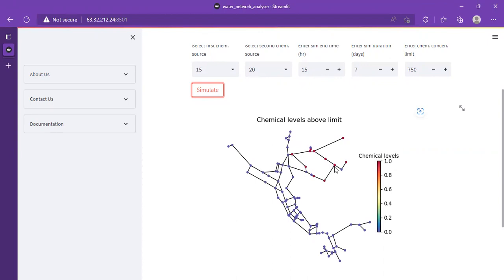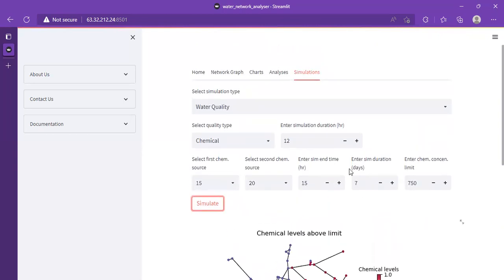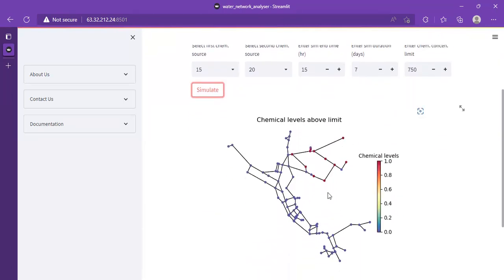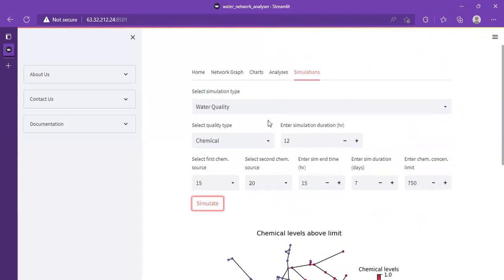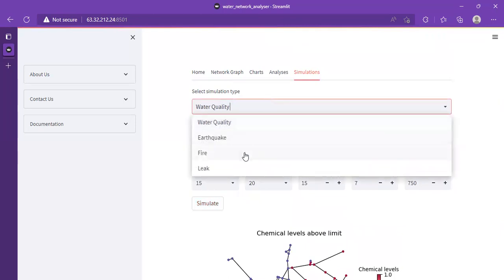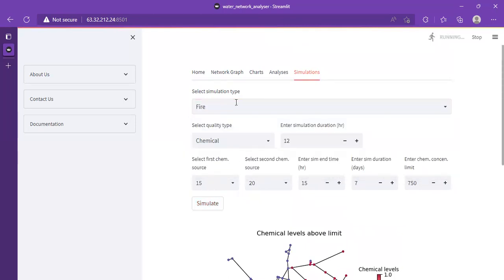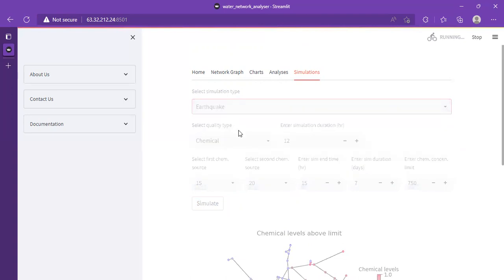So we can see introducing chemical in one of these nodes will lead it to spread over time, over the next 7 days. So this can guide utility networks to know how to segment the network.